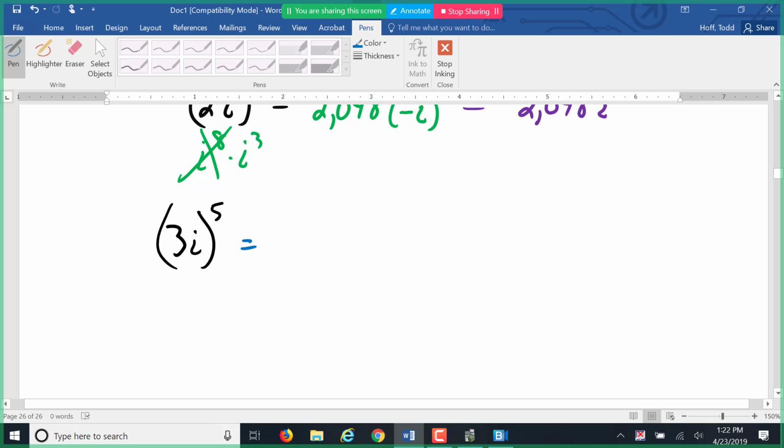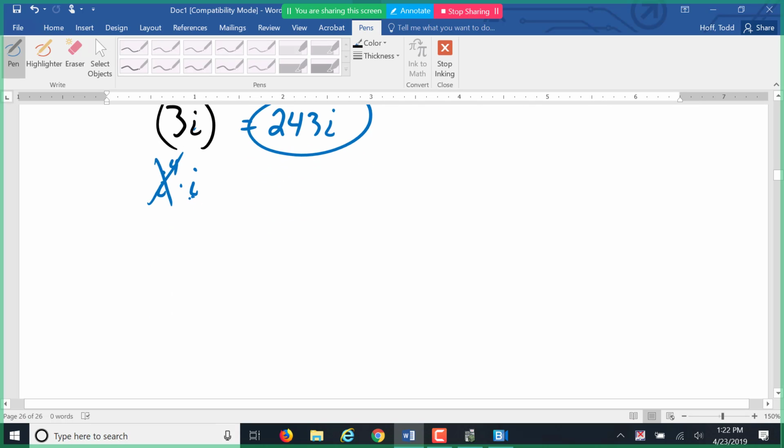So 3 to the power of 5 is 243. I to the 5th, I'm going to make it I to the 4th times I. I to the 4th is just 1. I to the 1 is just I. So 3i to the power of 5 is 243i. Any questions on those powers so far? Okay.